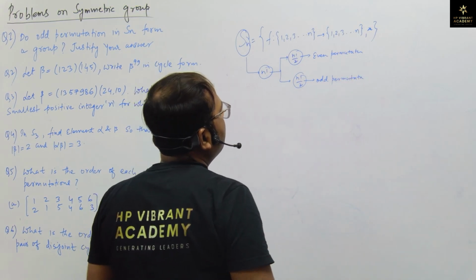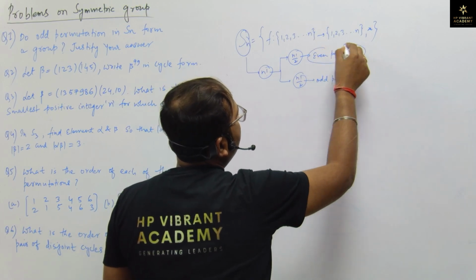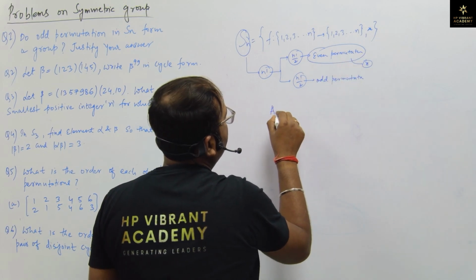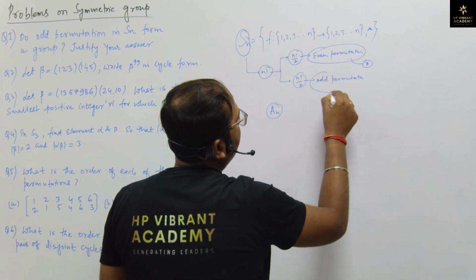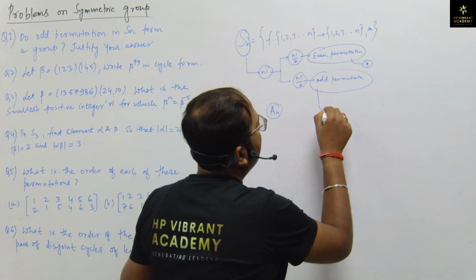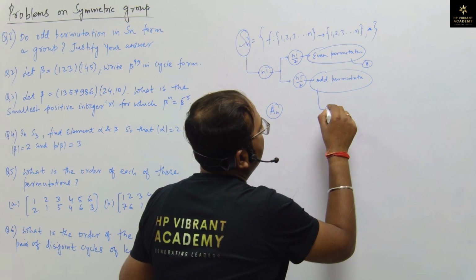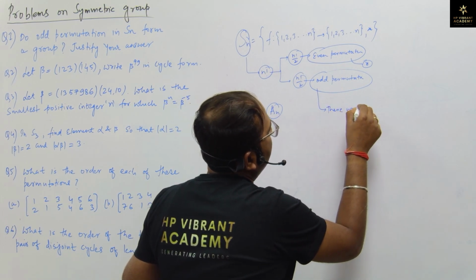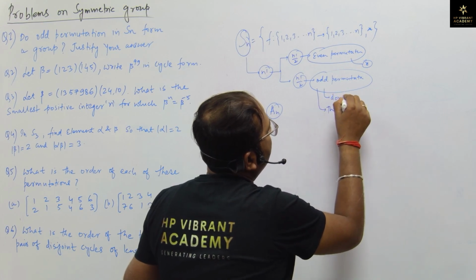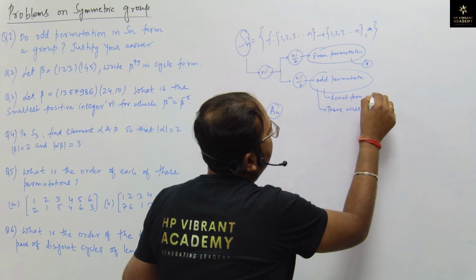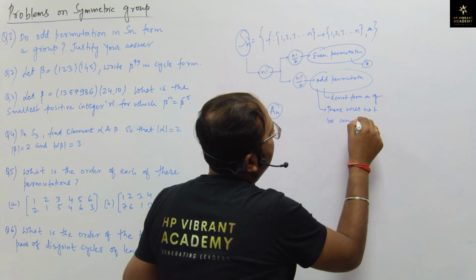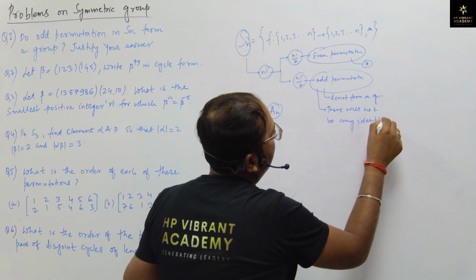Okay, so we have seen in the last lecture that the set of even permutations forms a group under the operation composition of function, and that group is known as the alternating group. But the set of odd permutations does not form a group under composition of function, because there will not be any identity element.